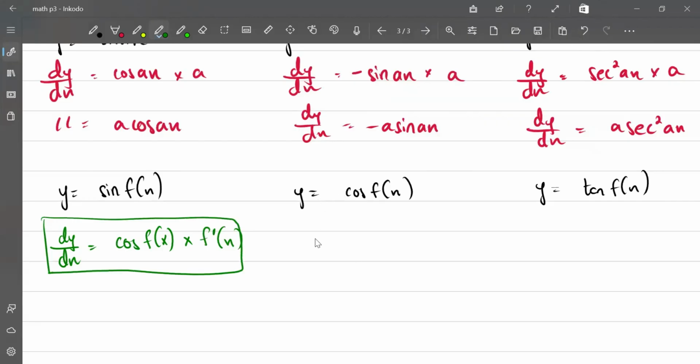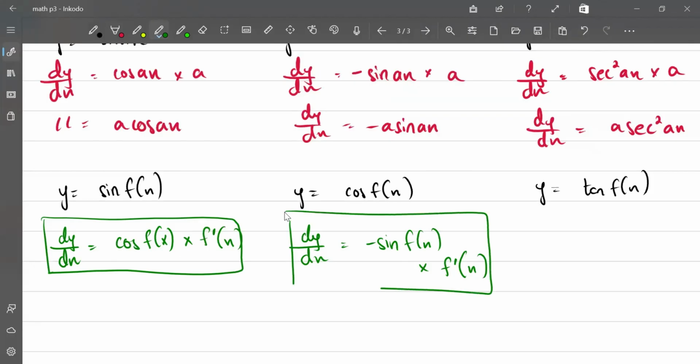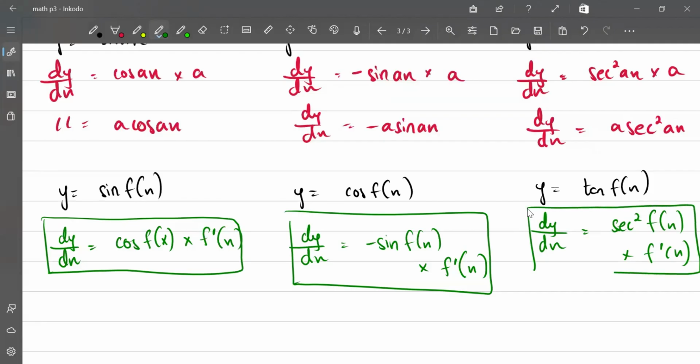When y is equal to cos fx, the differential is negative sine fx into f dash x. All right. When y is equal to tan fx, dy over dx is equal to sec square fx into f dash x. All right. So this is something you should be remembering.